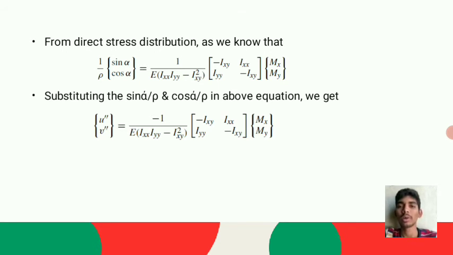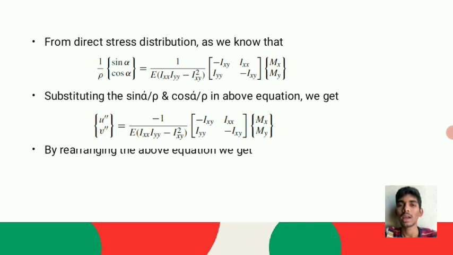After deriving the equation we will get the deflection, as u double dash indicates the deflection of the x component, and v double dash describes the deflection of the component belonging to the y direction.